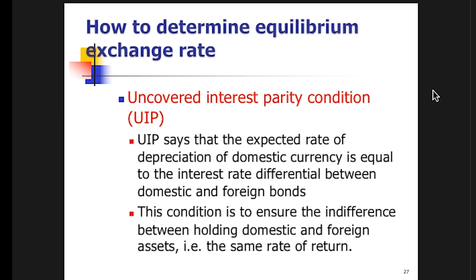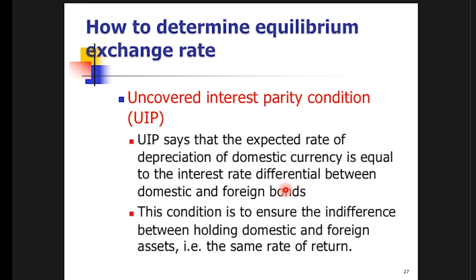The second theory to determine the exchange rate is the uncovered interest parity condition, or UIP theory. This theory says that the expected rate of depreciation of the domestic currency equals the difference between the interest rates of the two countries.